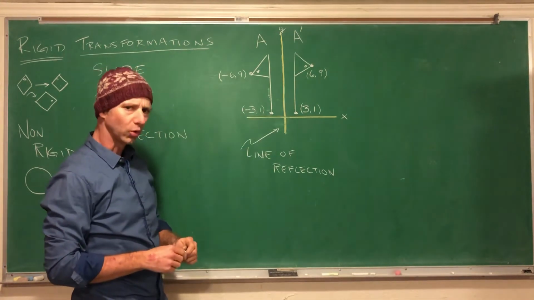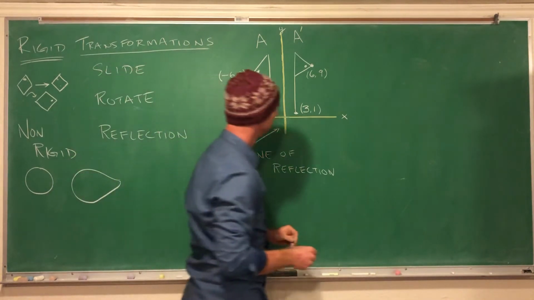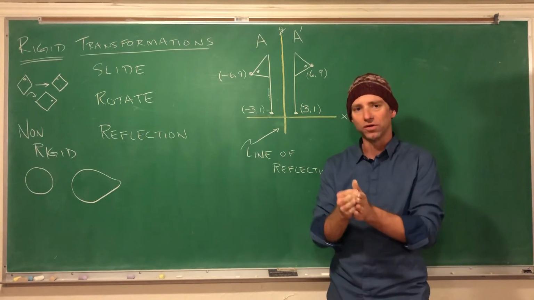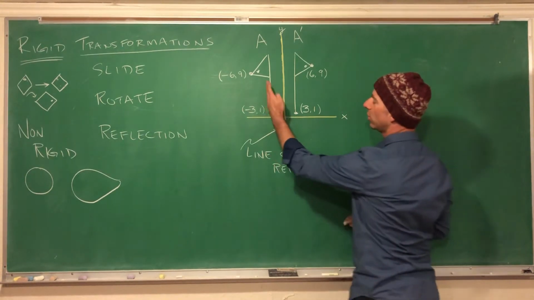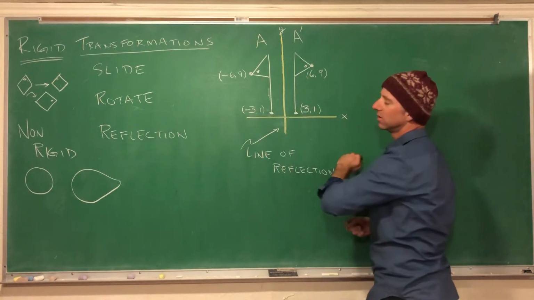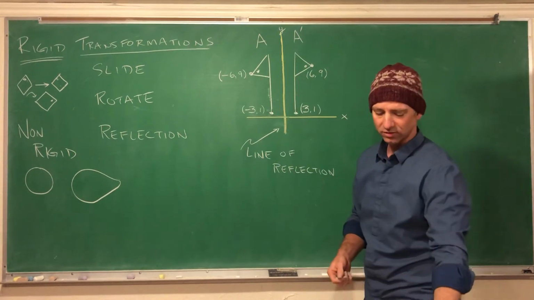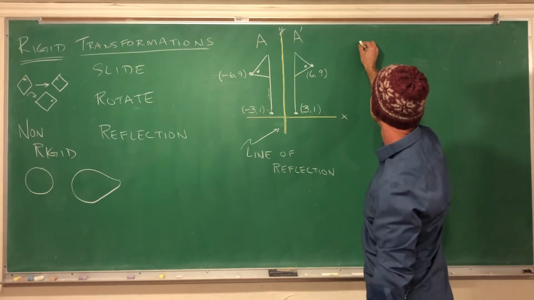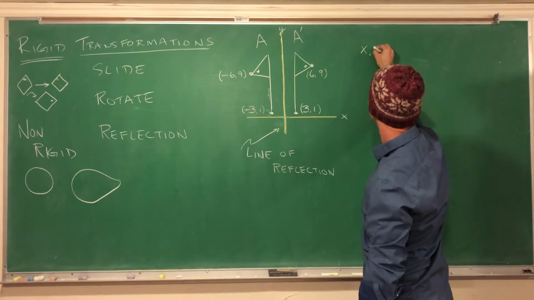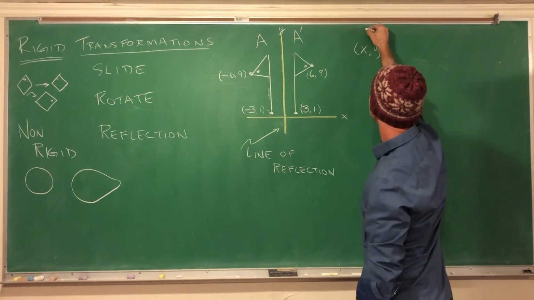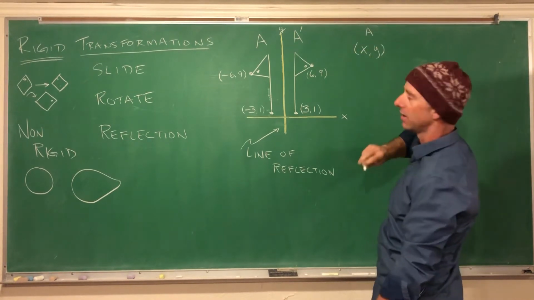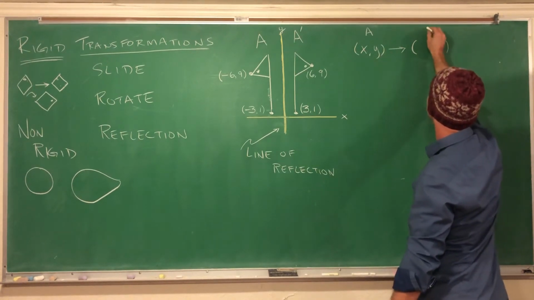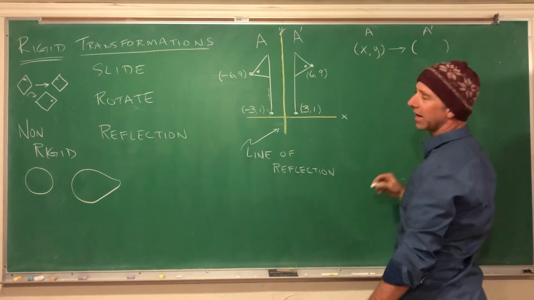Now what rule can I make? And the rule is going to be the formula for moving all of those points. Every point got moved by the same recipe. So let's take a look what this is. When you write the rules out, it's something like this. It's going to be x comma y, and that's going to be my A. And that's going to go to something else over here, which is the A prime.